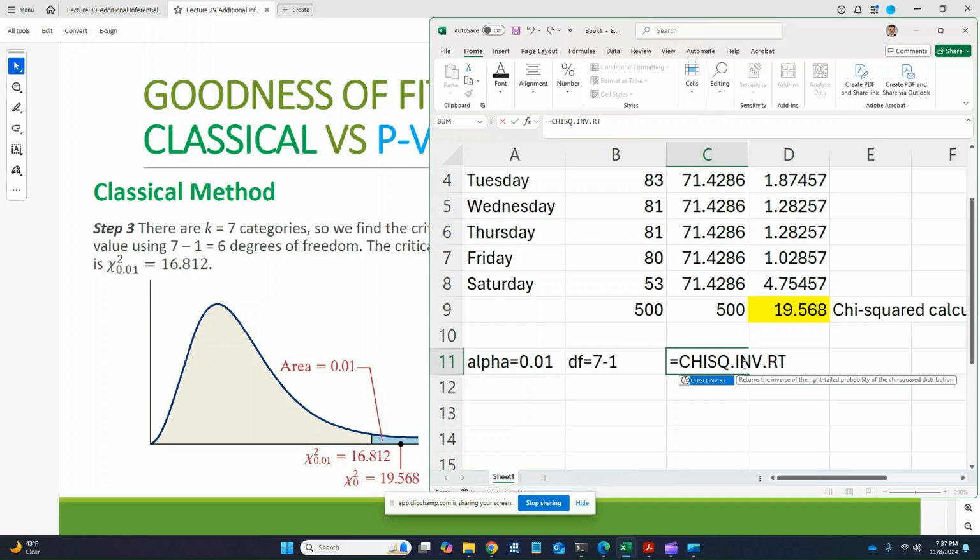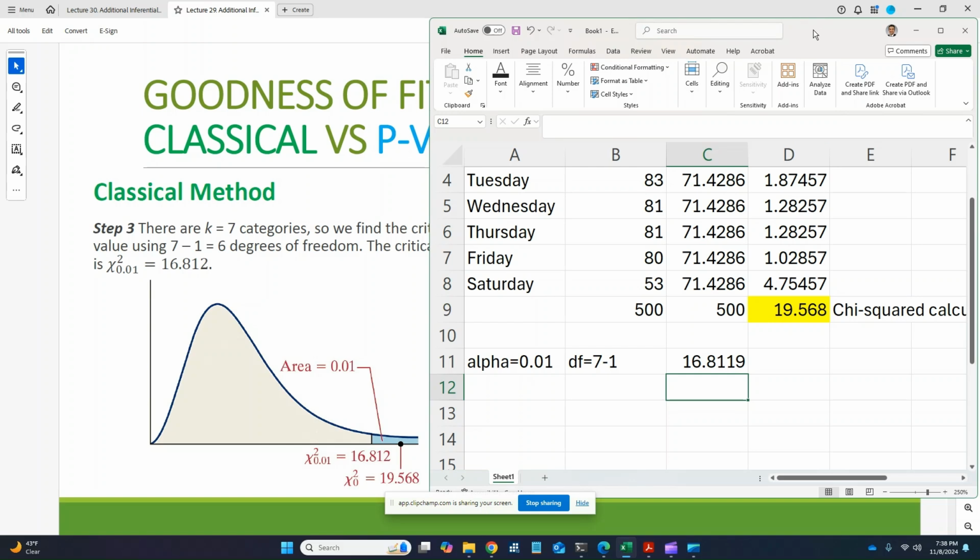Inv is inverse, because we know the probability, alpha equals 0.01. What we want is the score, the value, 16.812. So we want this alpha here, and we know the degrees of freedom. So degrees of freedom is 6. Press enter, you get the score here.